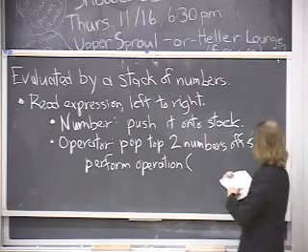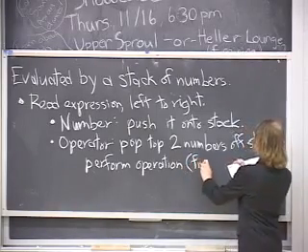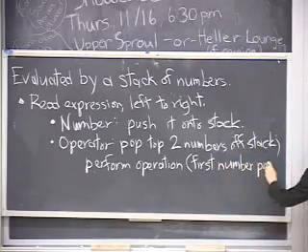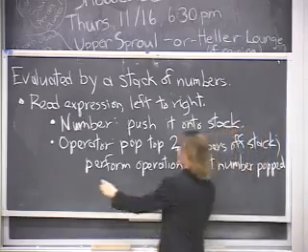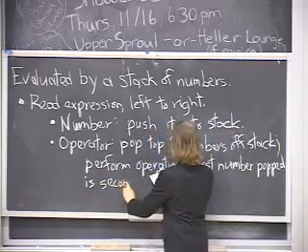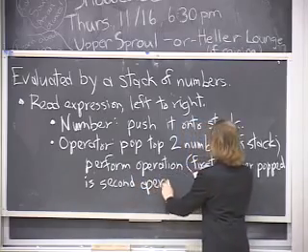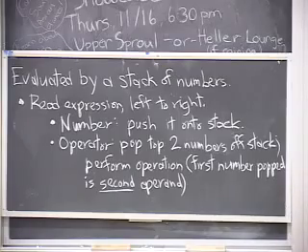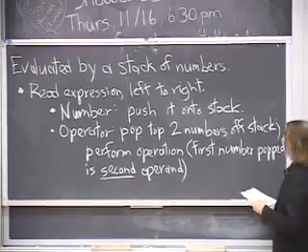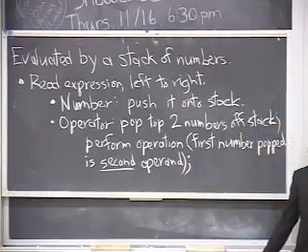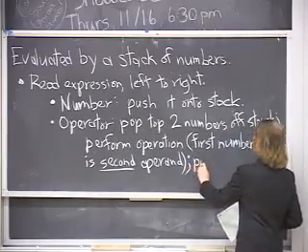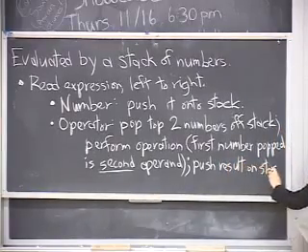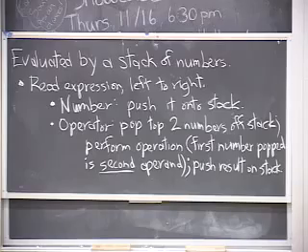So you need to remember to treat the first number popped off the stack as the second operand, to make up for the fact that you've reversed the order of the two numbers on the stack. And finally, once you've done the operation, that gives you a number, you push that result back onto the stack, so that it is ready to contribute to the next operation.